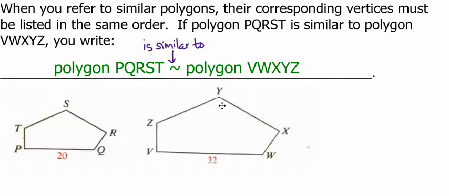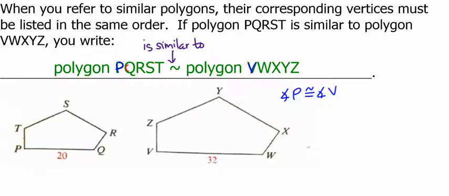So reading just from the similarity statement, I can start naming the angles that are congruent just by looking up here. P is going to correspond to V. That means that angle P is going to be congruent to angle V because angles are congruent in similar figures.